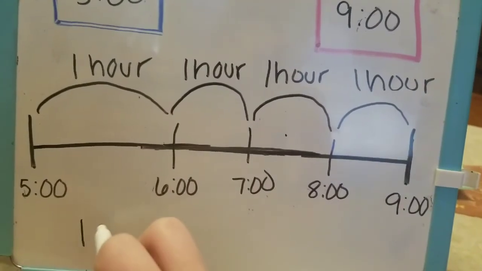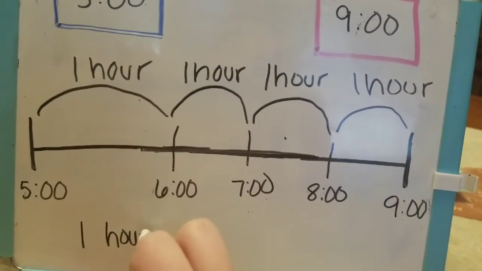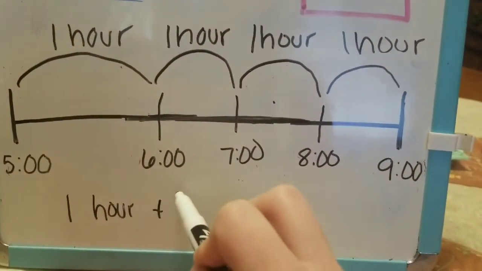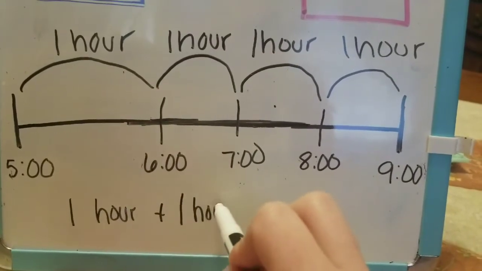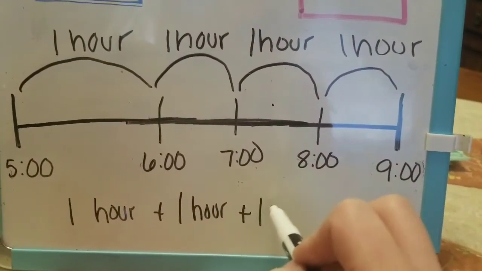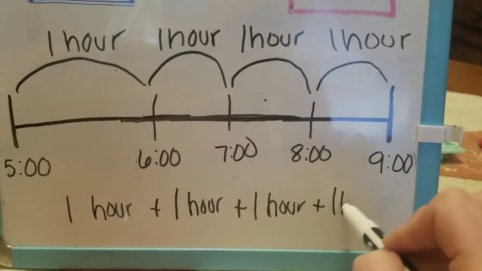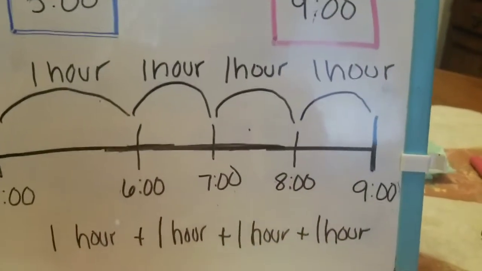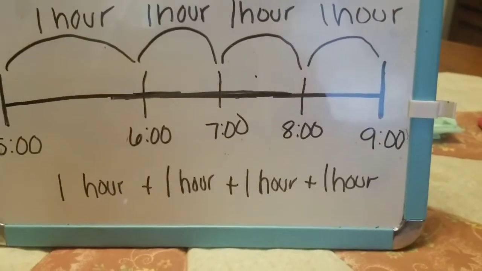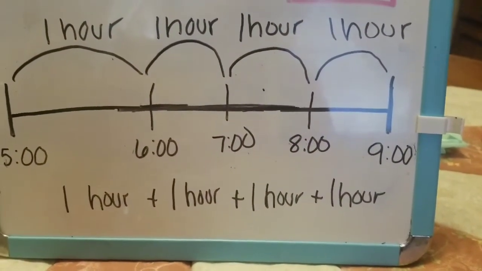So we have 1 hour plus 1 hour plus 1 hour plus 1 hour. So how many hours had passed between 5 and 9?